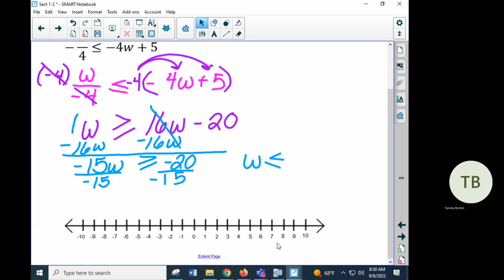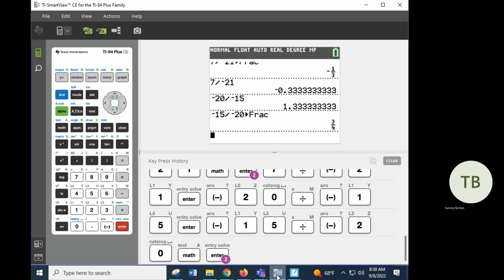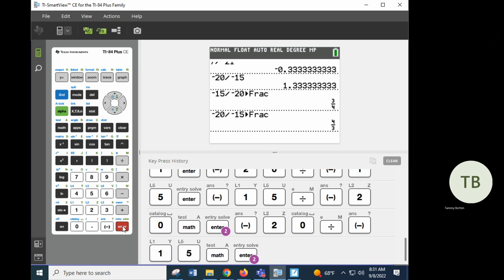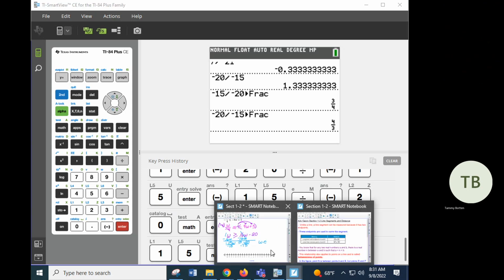I put these in the wrong order at first. It should have been negative 20 divided by negative 15. Math, enter, enter. So it's either 4/3 or 1.33.